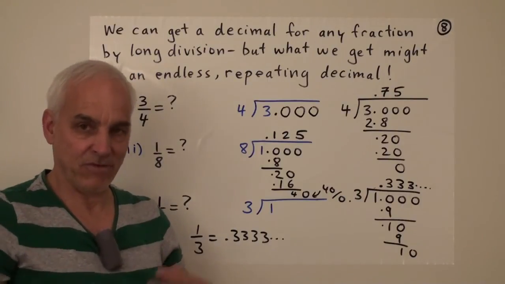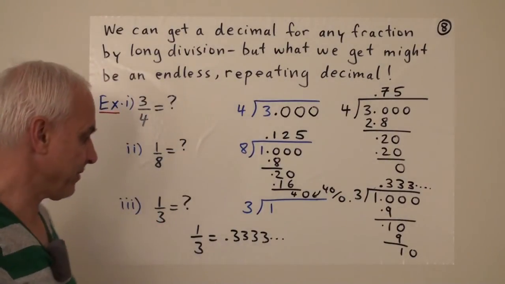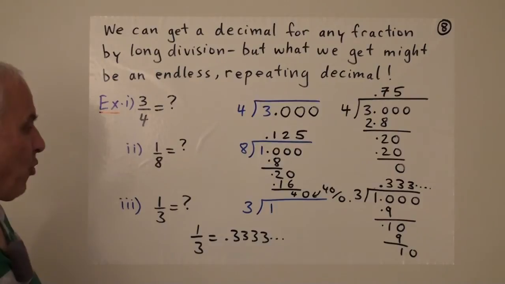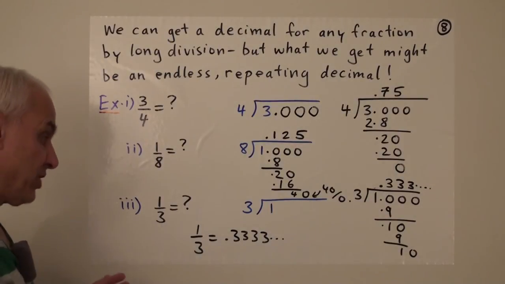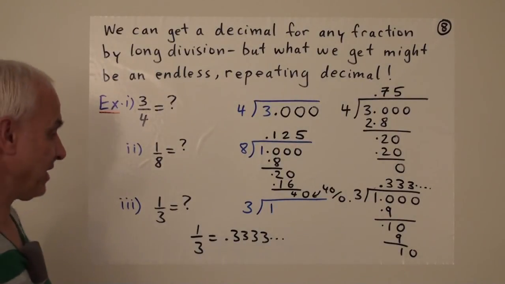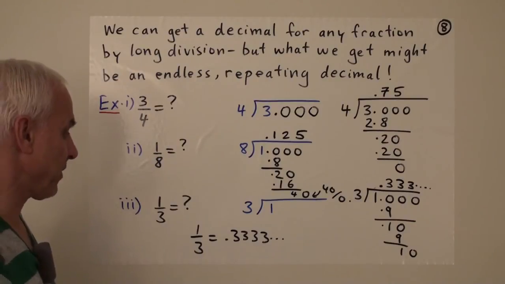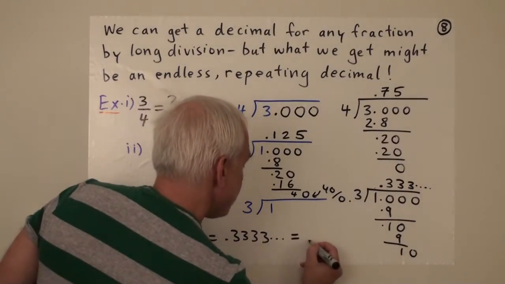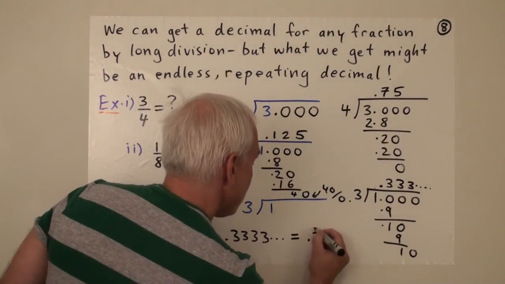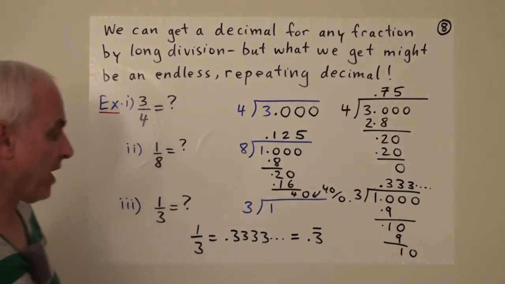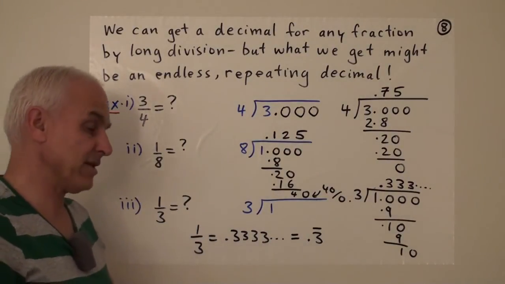The long division never stops. You never get a remainder. This is just one of the facts of life when you're working with fractions in the decimal world. Now we usually introduce some simplified notation for that. We just put a bar over that 3 to represent that 3 is repeated.